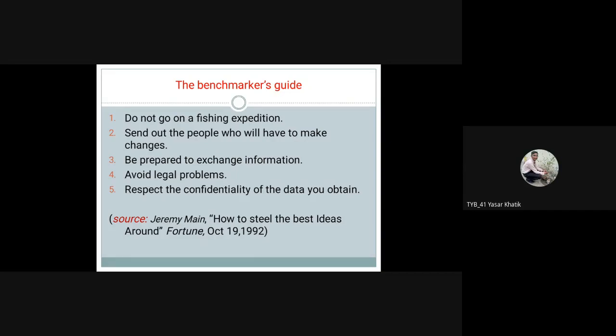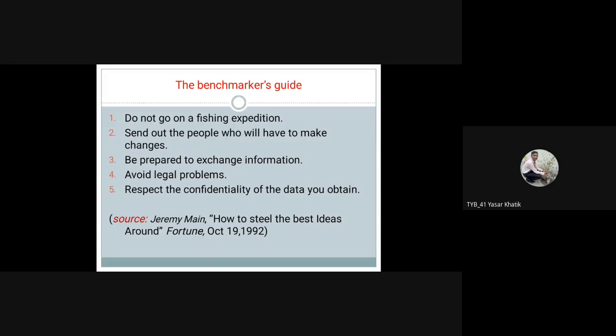Avoid legal problems during the benchmarking. Don't allow legal problems. You have to just follow the standard method whatever we have said earlier for making benchmarking. So avoid legal problems. Respect the confidentiality of the data you obtained. Whatever data you have obtained during this benchmarking, you have to respect that data.